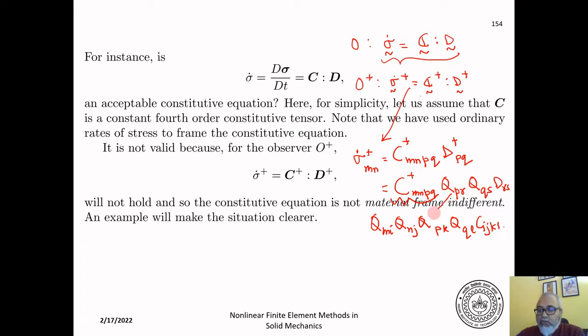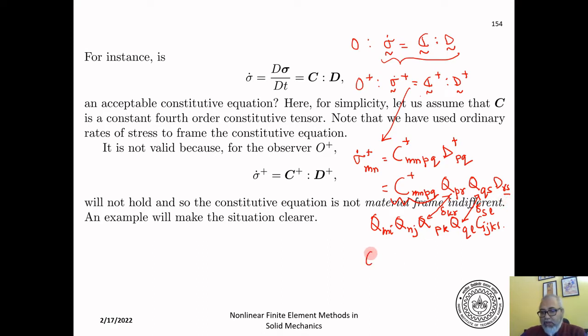Now these two, because Q Q transpose is I, will give you delta kr. These two will give you delta sl, which will knock off this r and s and give you C ijkl d kl.